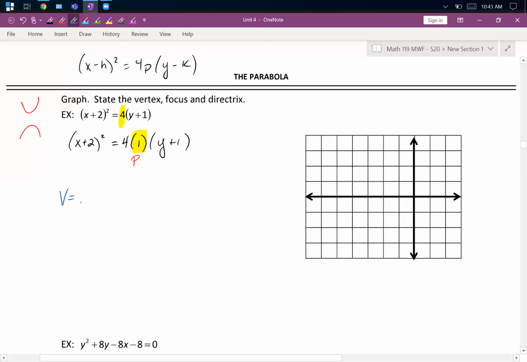All right, what is the vertex? -2, -1. Great. And since our p-value ended up being +1, is this going to be opening up or down?